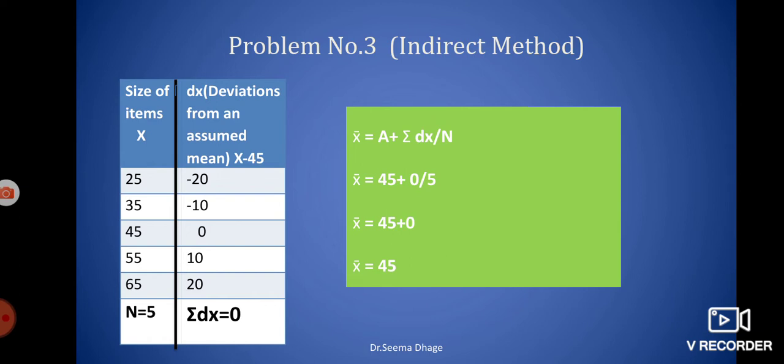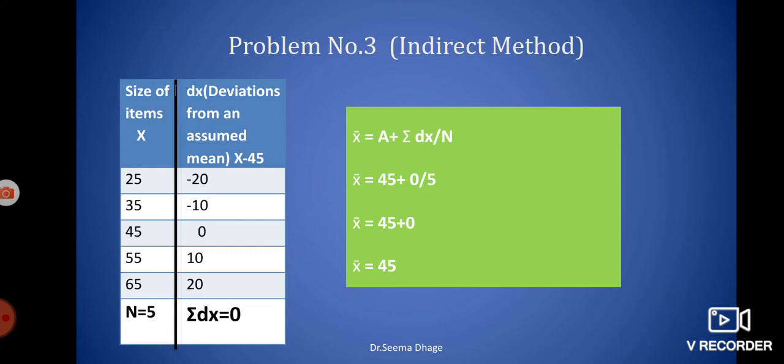Now we are solving the next problem by indirect method. Again we have size of items. First thing we have to select A. A means assumed mean. So you should remember that any value, whether existing in the data or not, can be taken as assumed mean. However, in order to simplify the calculation, a centrally located value in the data can be selected as assumed mean.